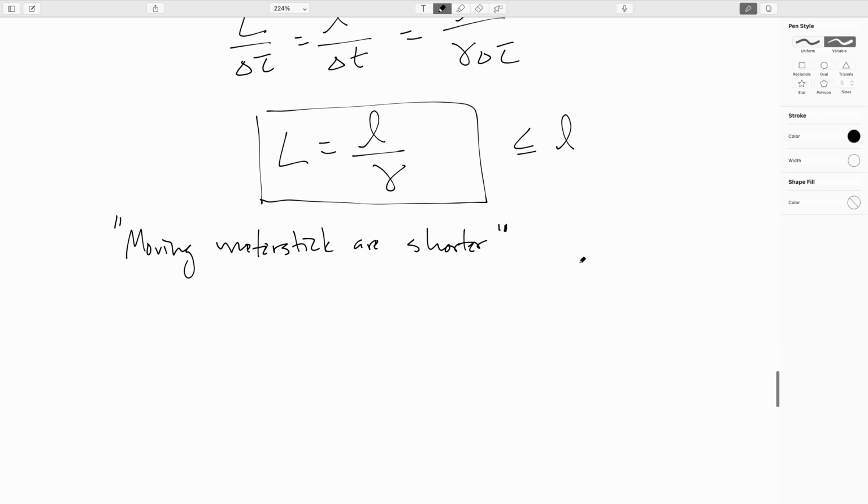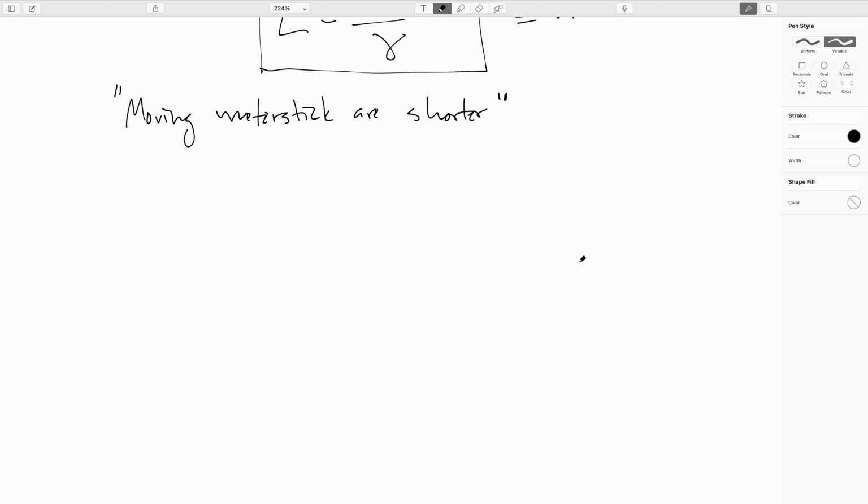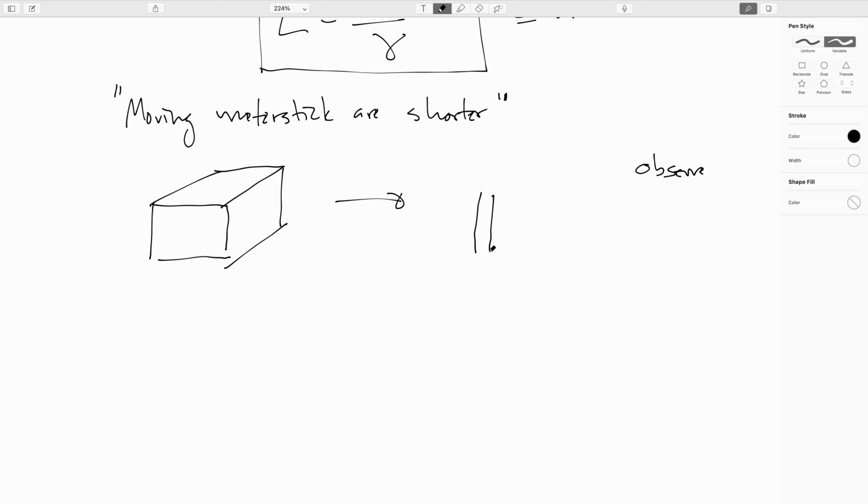Now, it's important here to know, too, that the contraction only happens in the direction of motion. So if we think about observing, say, a cube, and I'm being careful here to say observe, moving to the right at ridiculous speeds, what you would observe, if you collect together all the reports from all the really small people in the latticework of clocks, asking them, hey, was there a cube right there when you were there?